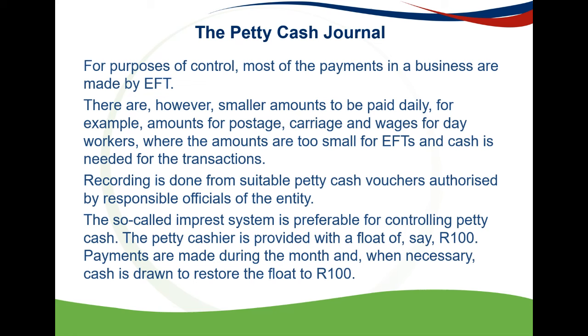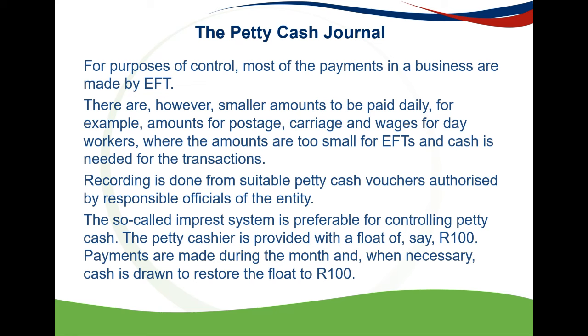Quickly buying something, batteries, or like I said previously, tea, coffee, milk, sugar, bread for the office. Then we don't want to wait for the formal documentation, waiting to approve those documents, get an order. I mean, we quickly want to get money, go and buy, because we need it now. We can't wait. So for these small payments, we will then use the petty cash journal.